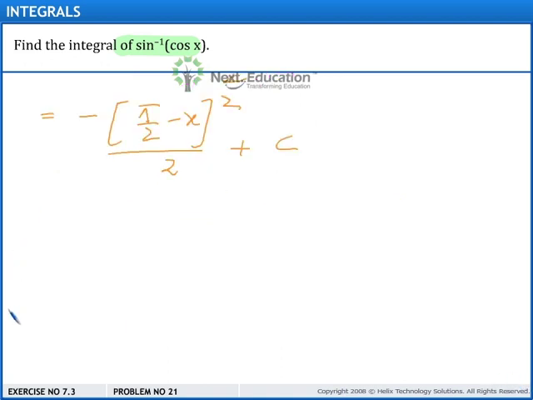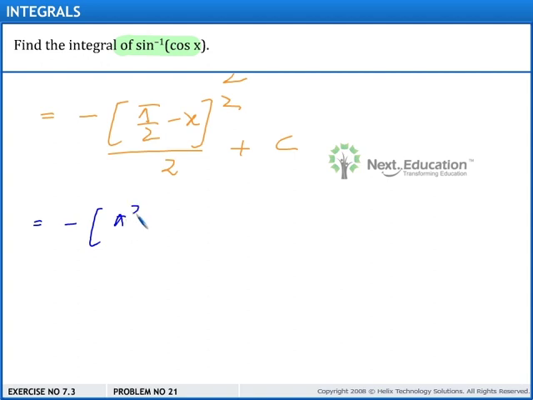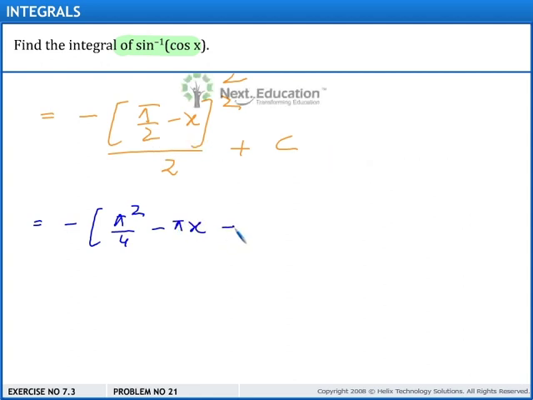Now simplifying it further, this is further equal to minus of pi square divided by 4 minus 2 into pi by 2 into x, which gives minus pi x plus x square whole divided by 2 plus the constant.